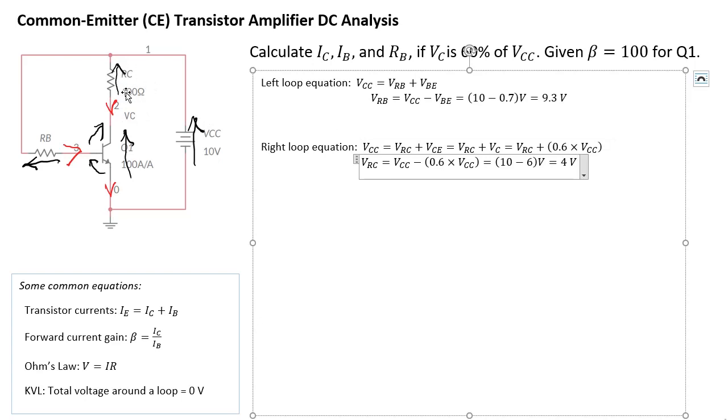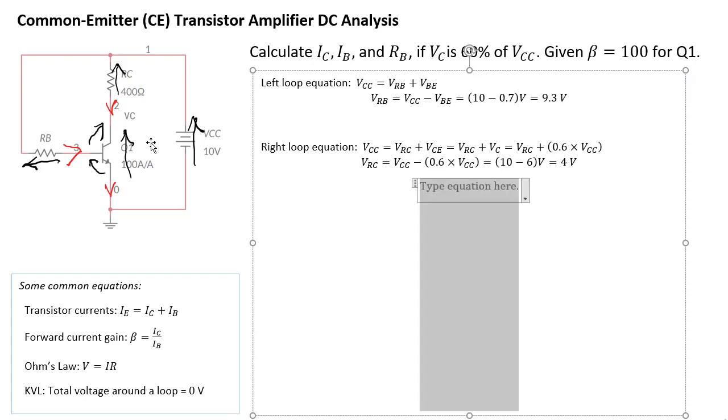And since we know the value of RC is 400 ohms, we can work out what IC is. Because we know VRC, according to Ohm's law, V equals IR, so VRC is IC times RC.